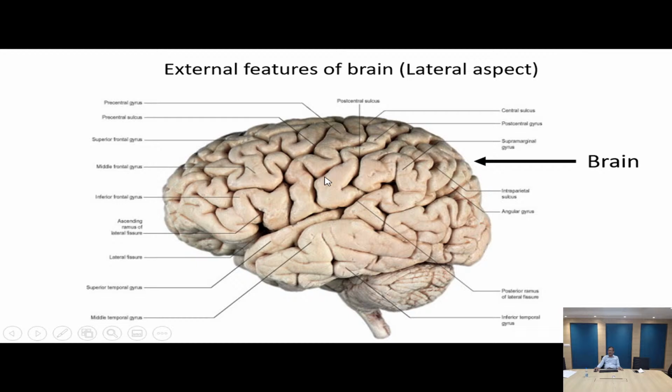The head will be somewhere around here, and then the upper limbs, then the trunk, and then the lower limbs. Here also it will be the same: the head, then the upper limbs, trunk, lower limbs. These are called homunculus. Homunculus means little human. So this is the sensory homunculus, and this is the motor homunculus.